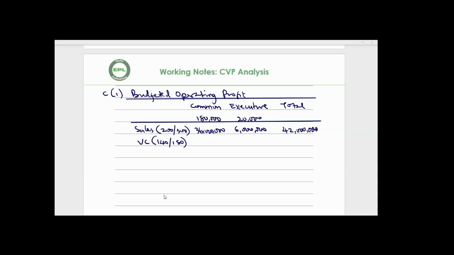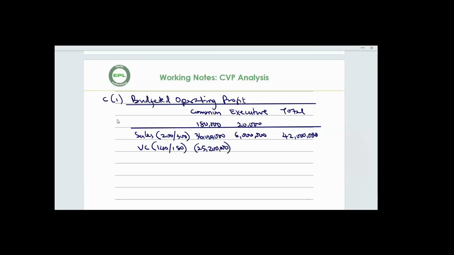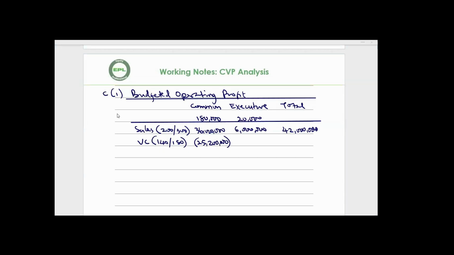That's 25,200,000. Okay, so 36 million minus 25,200,000, 10,800,000 is the contribution for common.